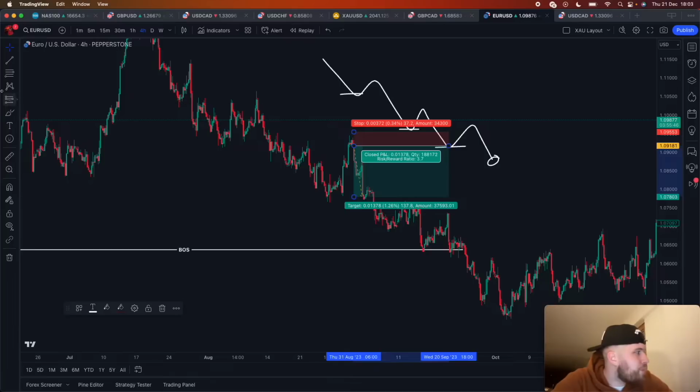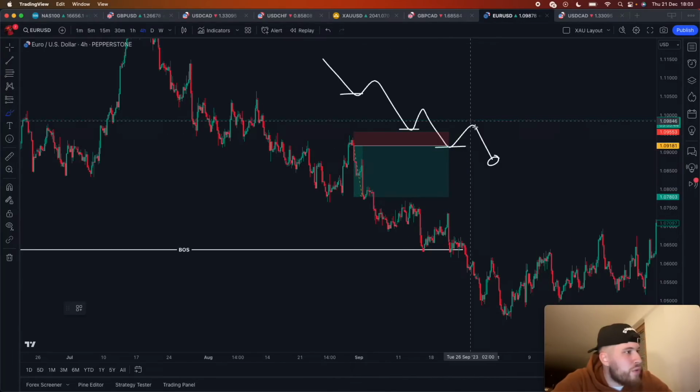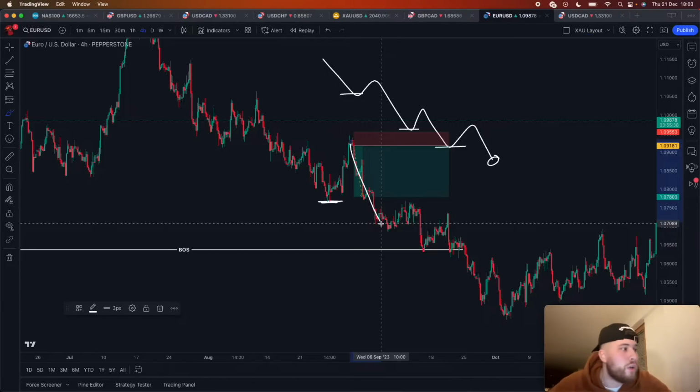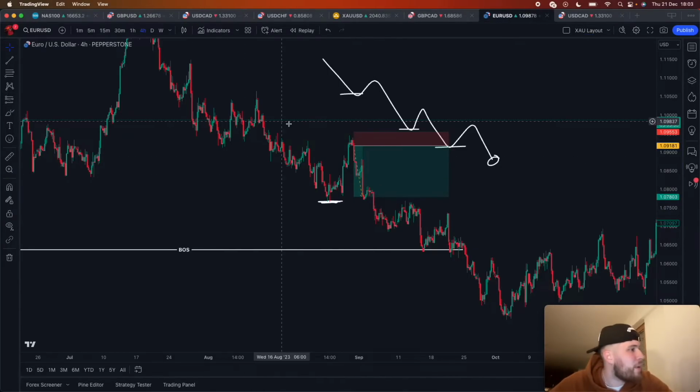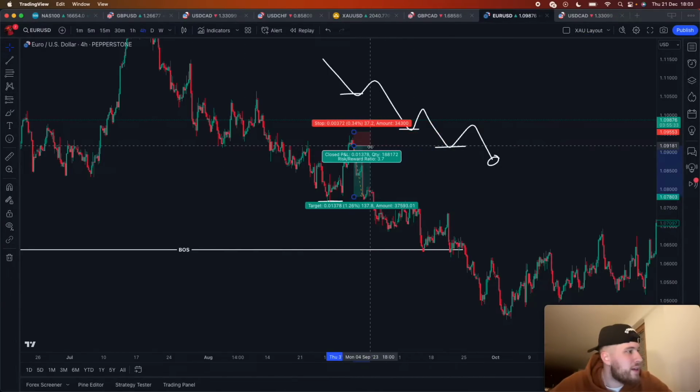As you can imagine, if we want to see price create a new lower low, we can expect this low here to break and go on to create that new lower low, right? So by setting our take profit just above this, it guarantees that our take profit can be achieved.